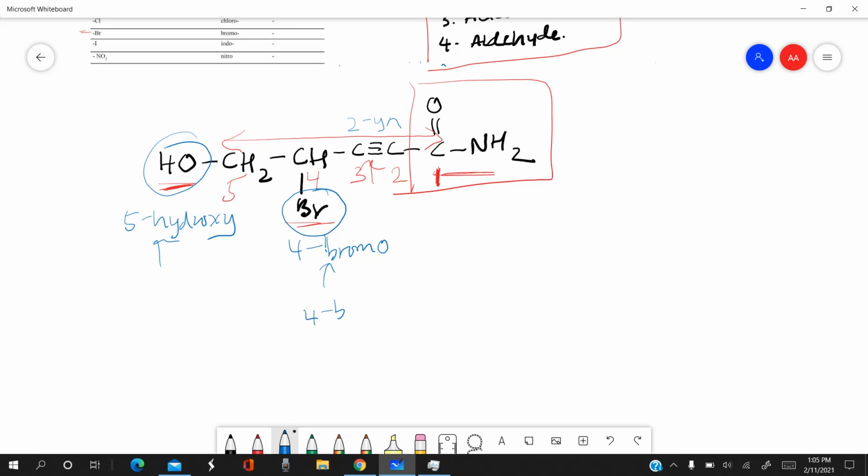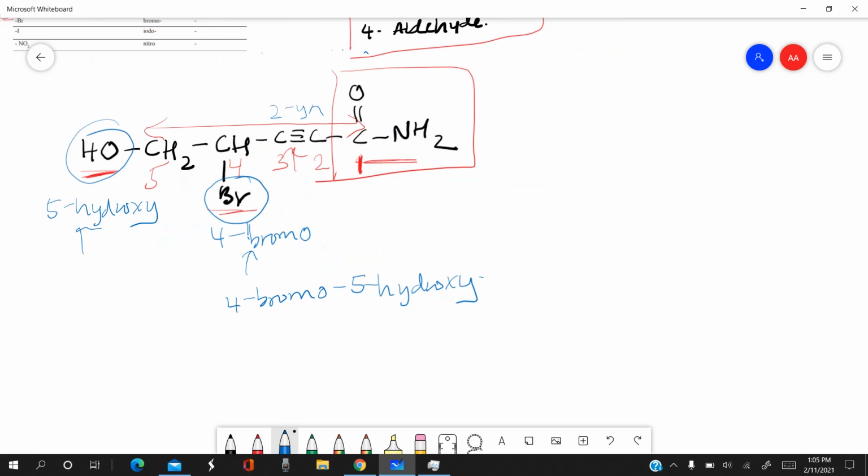So 4-bromo, 5-hydroxy, and there are 5 carbons in the main chain, and the triple bond is present at the second carbon, so 2-pentyne.